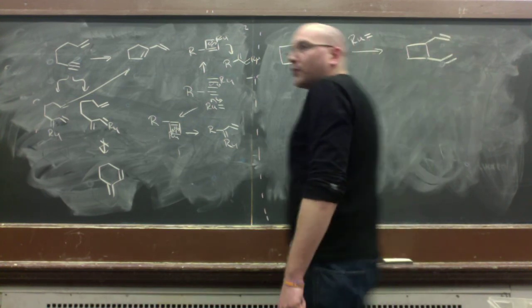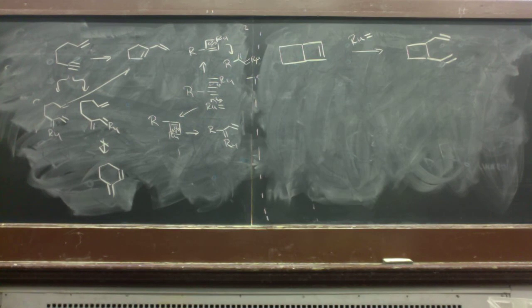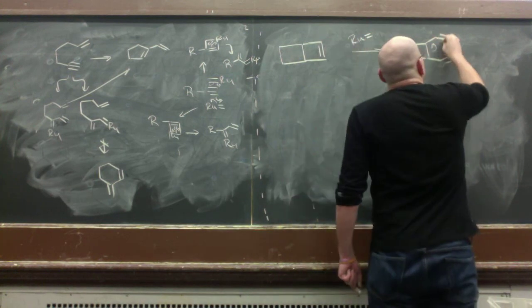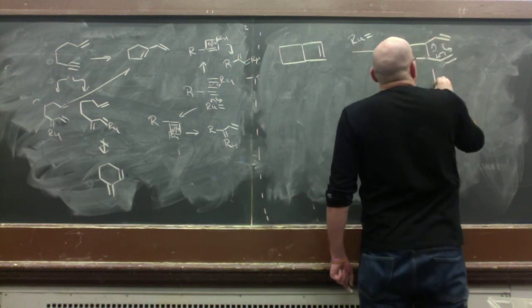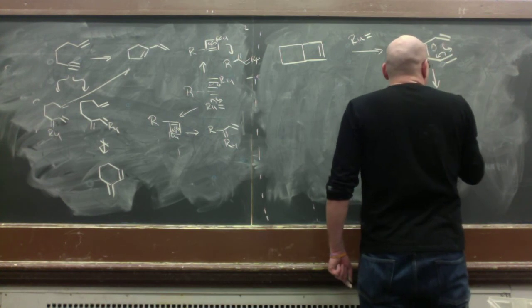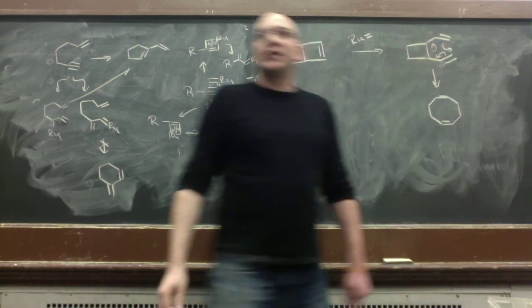And he would get molecules like this. And what do you think would happen with molecules like this when you heat them up? They would do Cope rearrangements, right? And we get medium-sized rings like that 8-membered ring there.